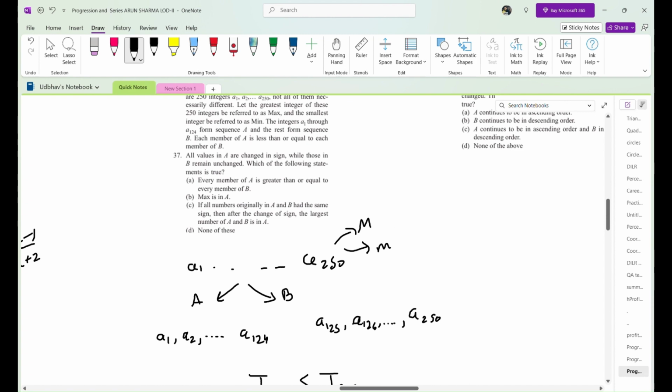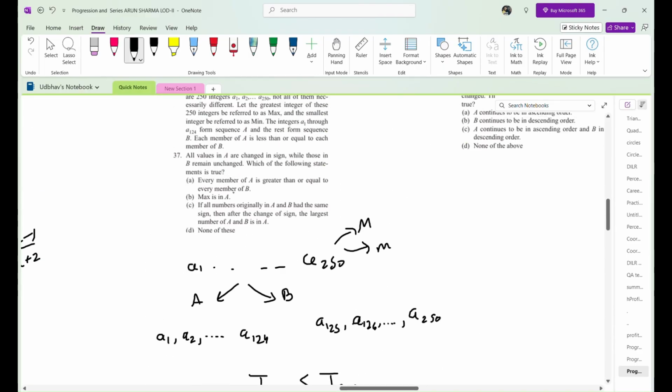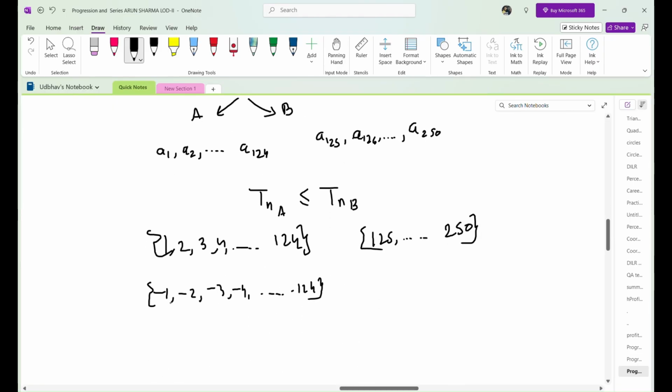All the values in A are changed in sign, so this is now -1, -2, -3, -4, up to -124. Every member of A is greater than or equal to every member of B, which is not true. -1 is not greater than any of these.